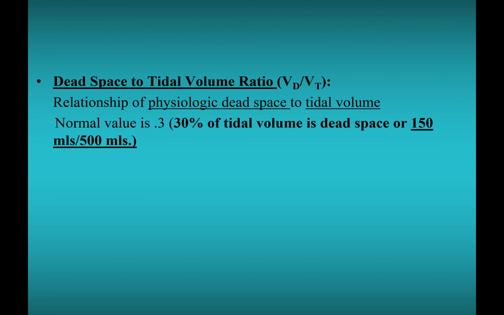Most adults at rest breathe about 500 mLs, and of that, 150 does not make it down to gas exchange. Only about 350 mLs makes it down to the alveolus for gas exchange. The rest is what we consider dead space. It's just sitting in the area, doesn't go anywhere.